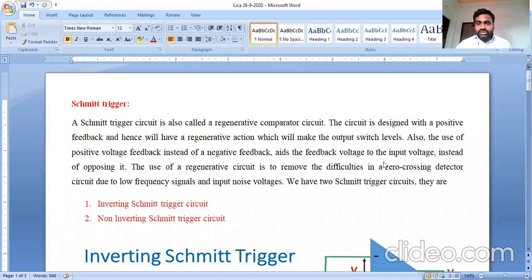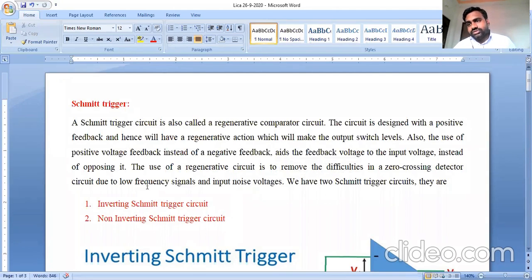One important disturbance is noise signals: the input noise produced at the zero crossing detector has very high magnitude. Second, the zero crossing detector is not applicable for low frequency signals or low operating voltages.